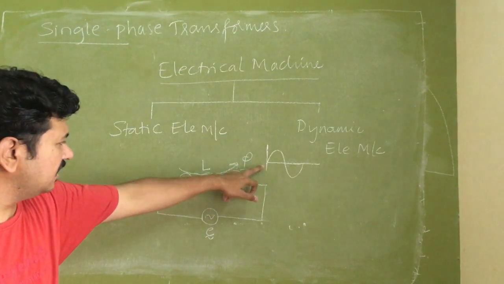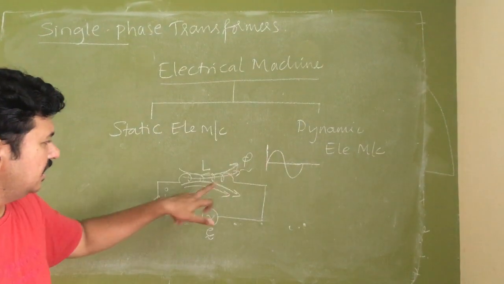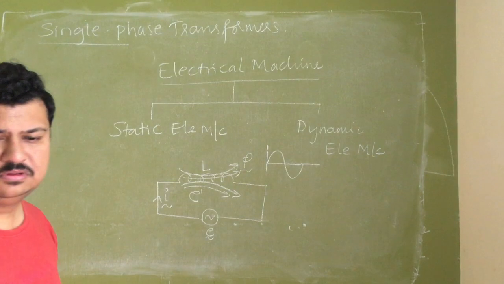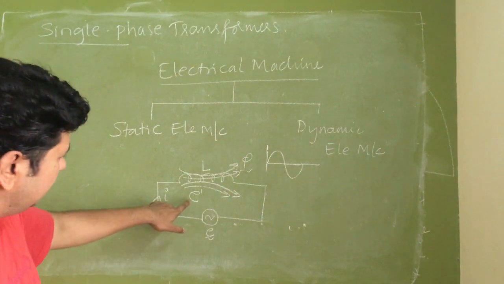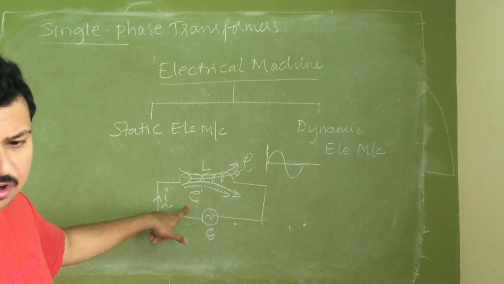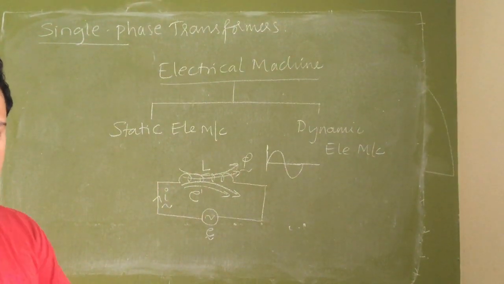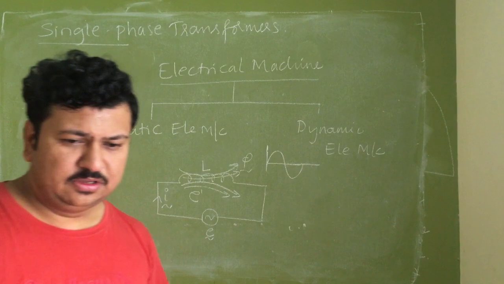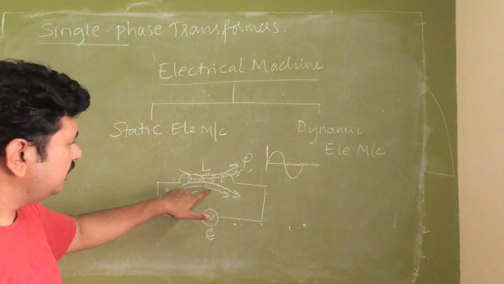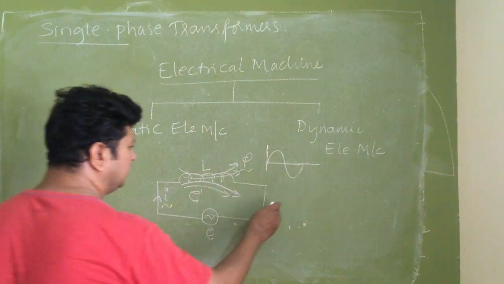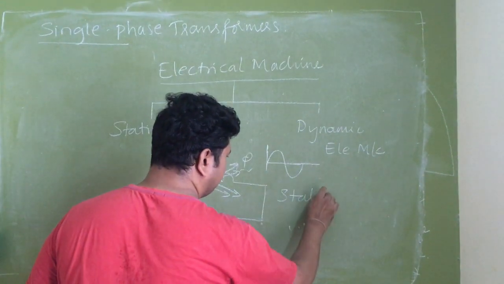Therefore this changing flux linking to this coil will induce an EMF. This EMF induced in the coil is not because of movement of the flux or movement of the coil, it is only because of the alternating nature of the flux. This type of induced EMF is called statically induced EMF.